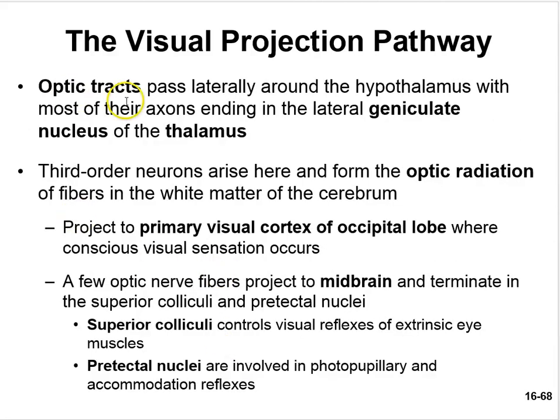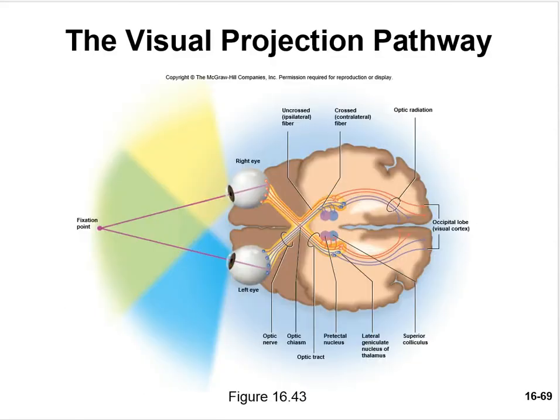The optic tracts pass laterally around the hypothalamus, with most of their axons ending in the lateral geniculate nucleus of the thalamus. Third order neurons arise here and form the optic radiation of fibers in the white matter of the cerebrum. They project to the primary visual cortex of the occipital lobe, where the conscious visual sensation occurs.